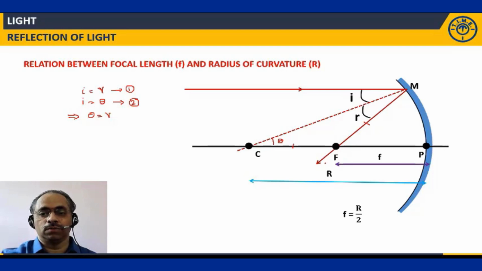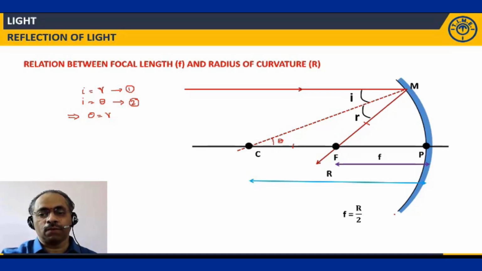Fine. Now, the thing is that when the aperture of the mirror is very small, now we will consider this mirror as a mirror of very small aperture. When I say mirror of small aperture, what do I mean by aperture? This point is to be noted.